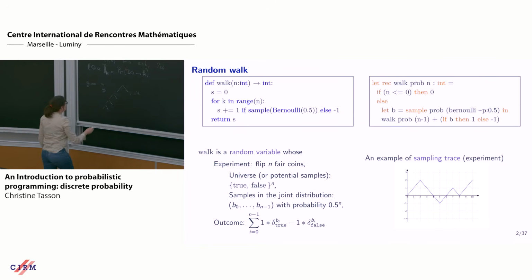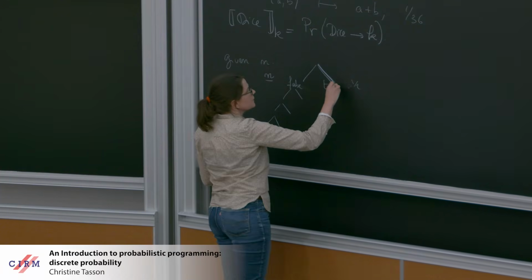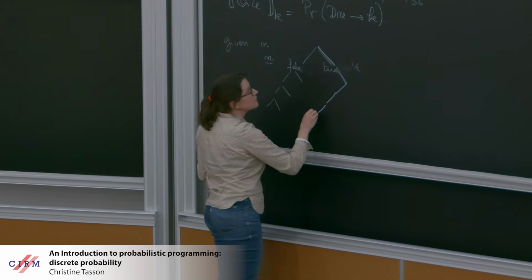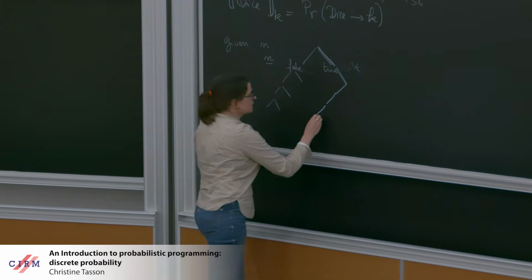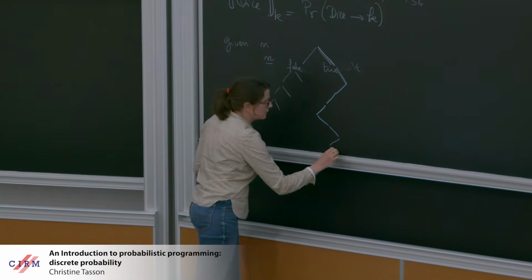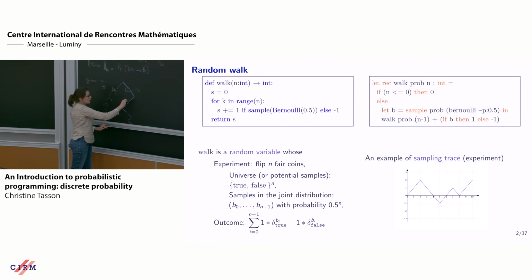False, true. So I go twice, and then 4 times here, and then twice, 1, and twice again. Okay? So this random walk is one sampling trace.